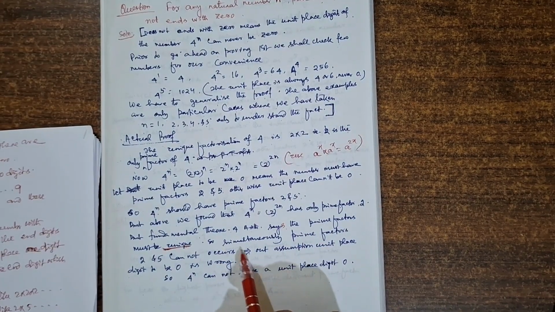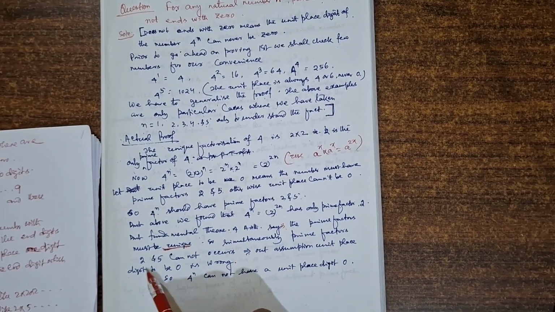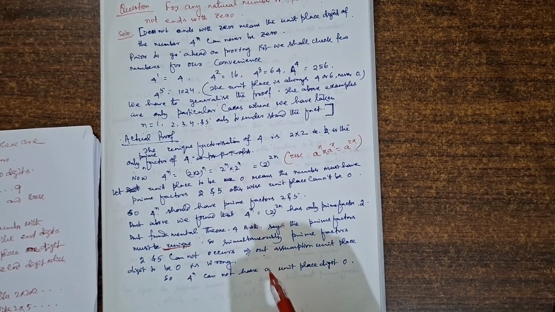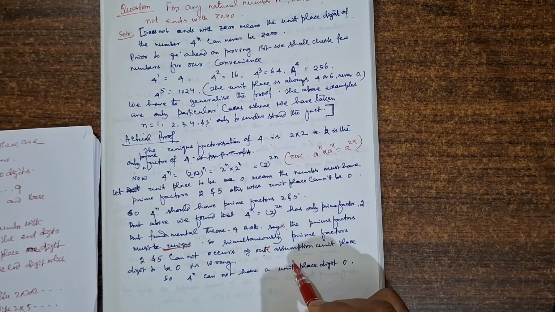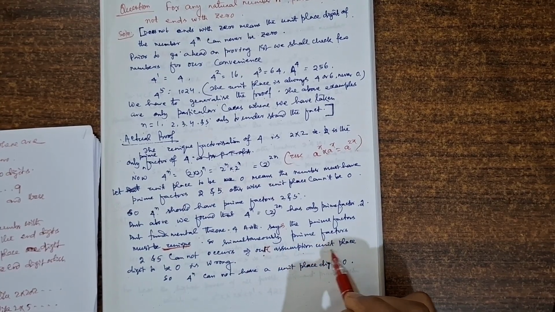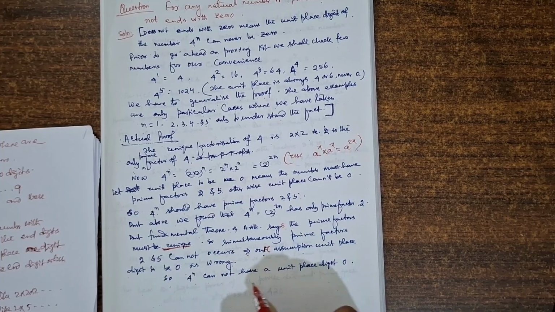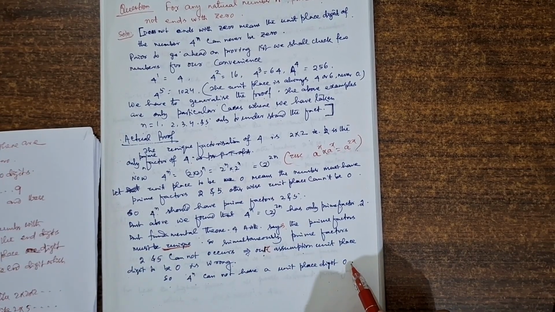So simultaneously prime factors 2 and 5 cannot occur, which implies our stated assumption that the unit place digit is 0 is wrong. So 4 to the power n cannot have a unit place digit 0.